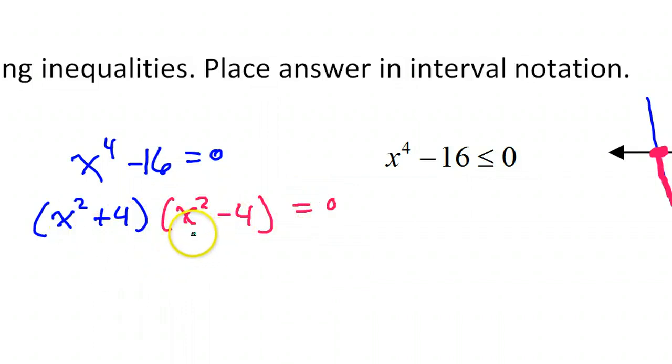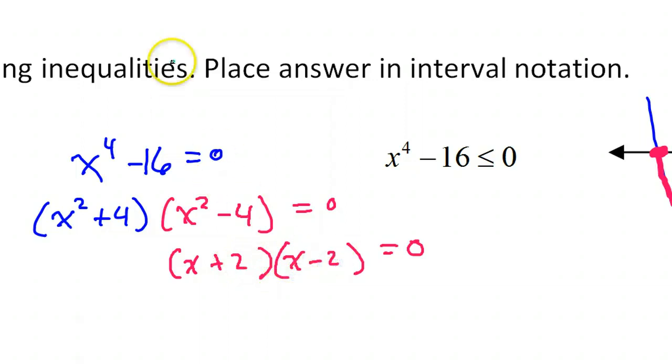Now, one of these can factor more and one of them can't. Alright, so you can probably realize that x squared minus 4 can factor further as x plus 2 times x minus 2. On the other hand, the sum of two squares is unfactorable, so x squared plus 4 just stays the way it is, can't factor that.